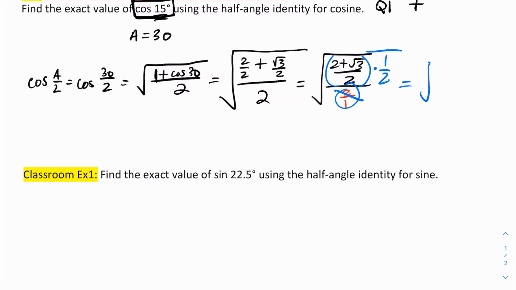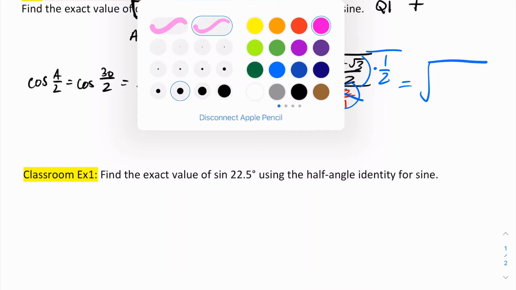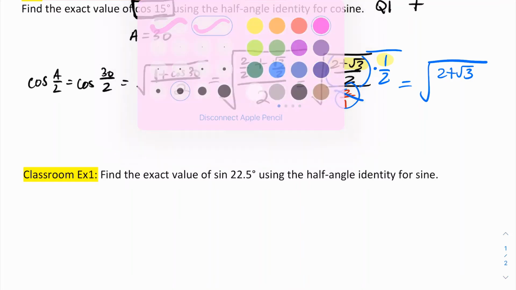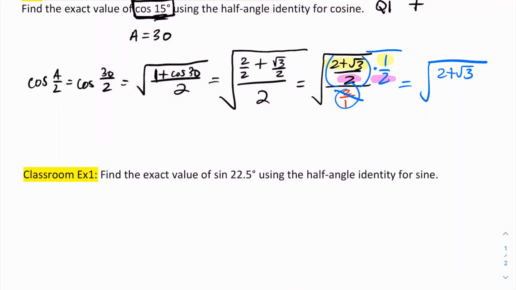Okay? So that's going to give us, at the top, you're just multiplying 1 times 2 plus radical 3, which is just 2 plus radical 3. In the denominator, you're multiplying 2 times 2. So in the denominator, you have 4.